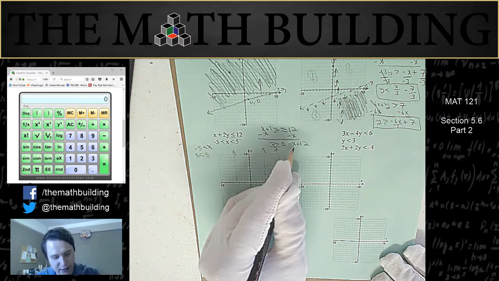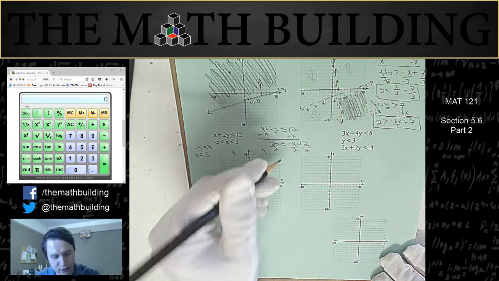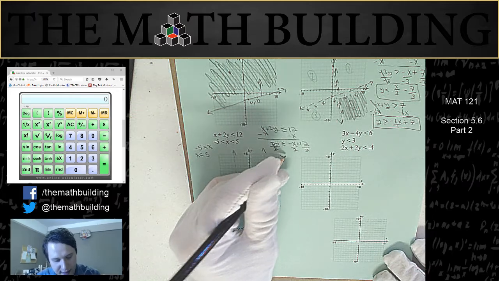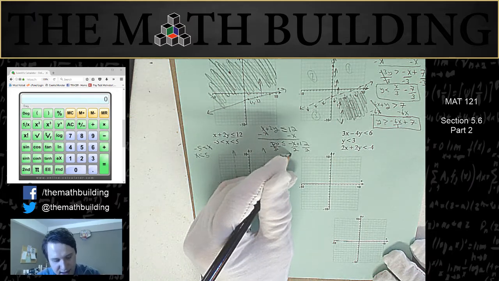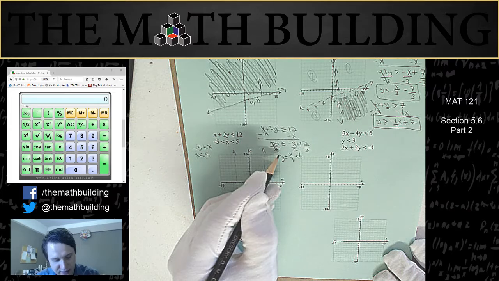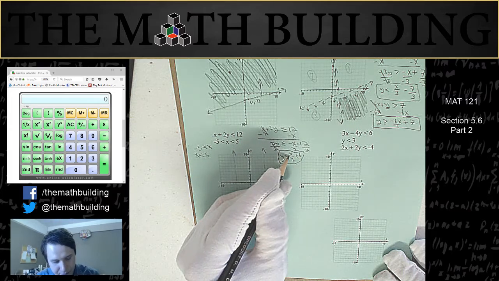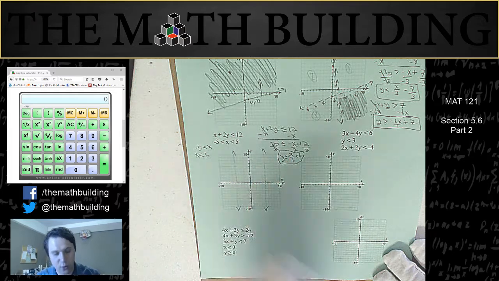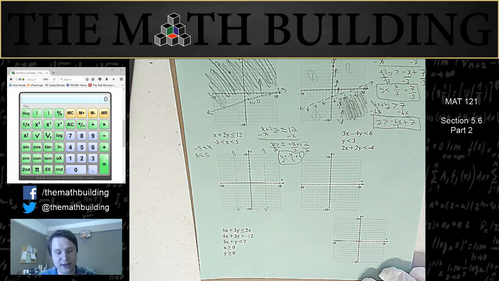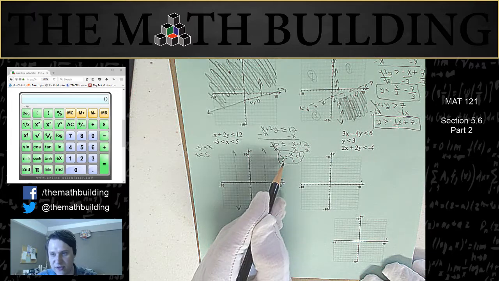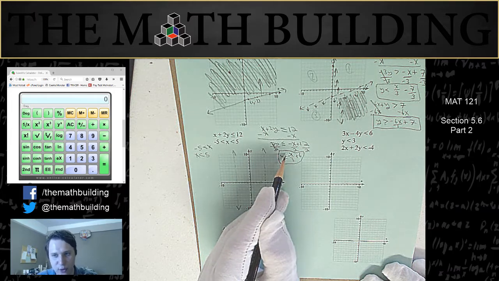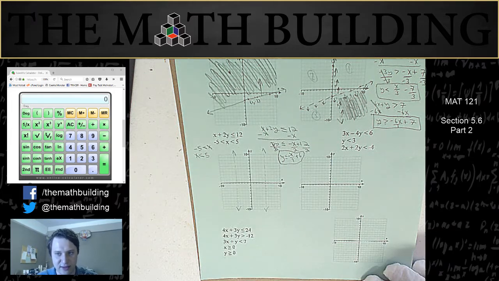And then when we divide by 2, we get y is less than or equal to -x over 2 plus 6. We did not need to flip the sign there because we did not divide by a negative.